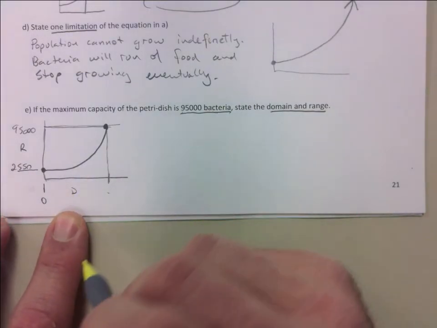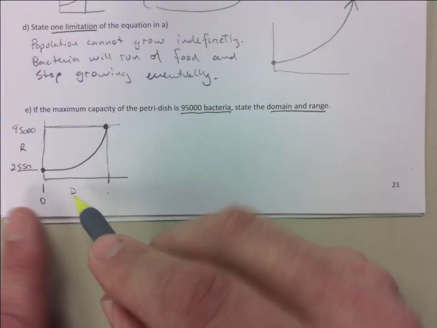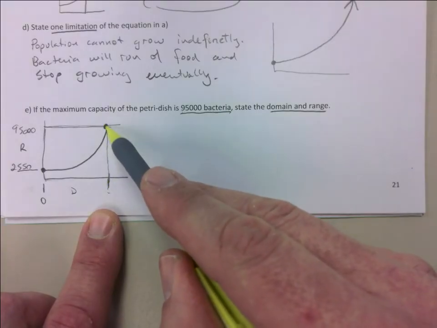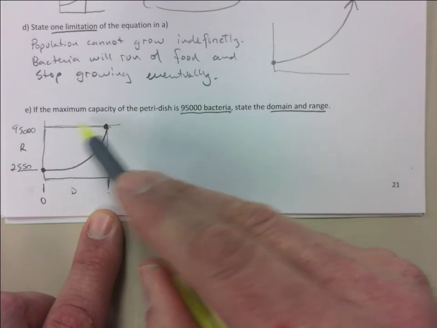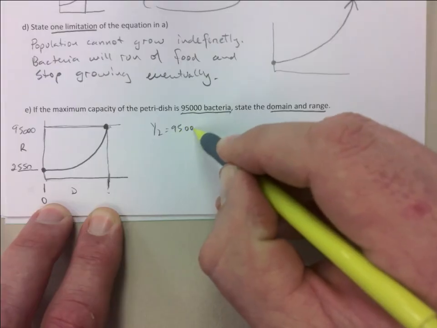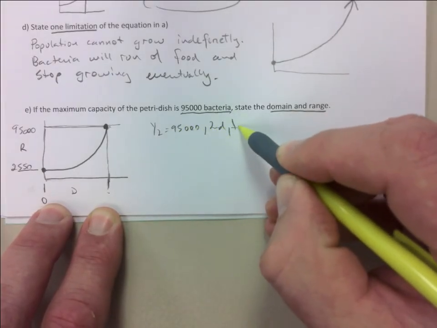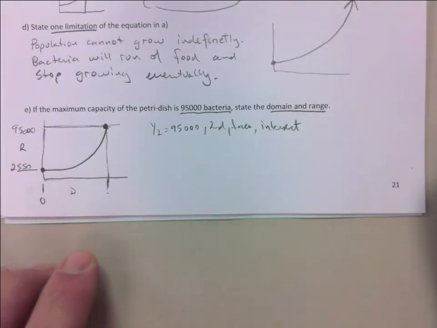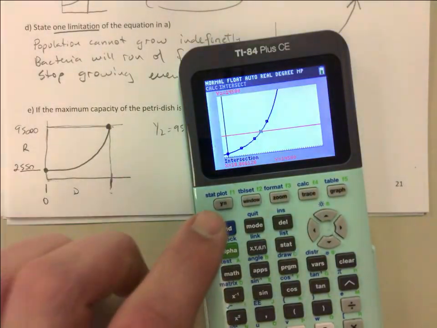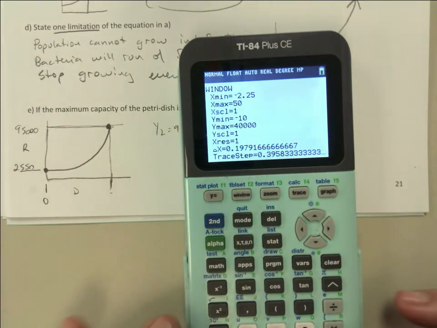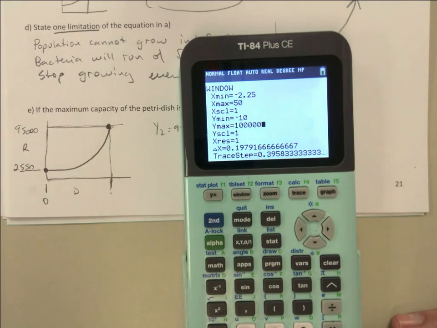This is my domain. I have everything I need for the range, but I have to do a bit of digging to figure out how much time has gone by to get to the 95,000. Let's figure out the time there. Because we know the Y, I have to change my window, because my Y max right now is 40,000. I'm going to go to 100,000 for my Y max.